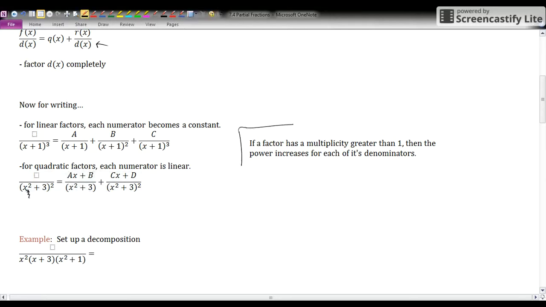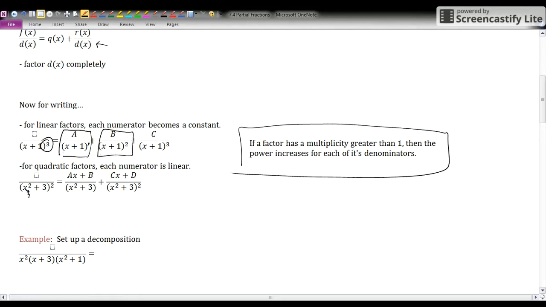Now, this is a big key right here. If you have a multiplicity, then you have to represent every multiplicity in your decomposition. So since this was to the third power, I had to have a linear to the first power, I had to have one to the second power, multiplicity of 2, and I had to have a third. I have to represent every multiplicity as a separate fraction to decompose it down into.